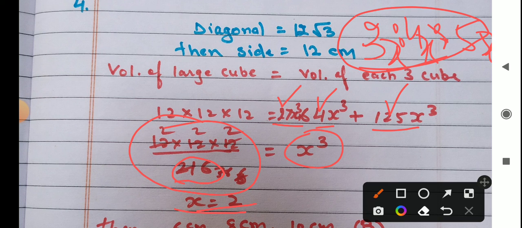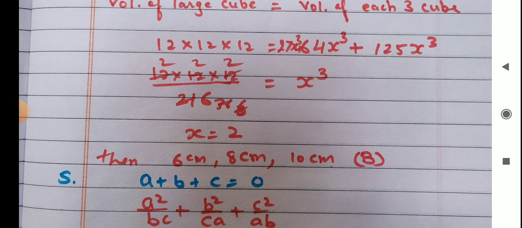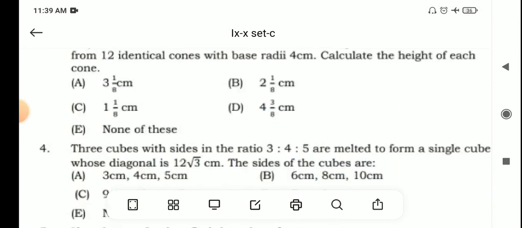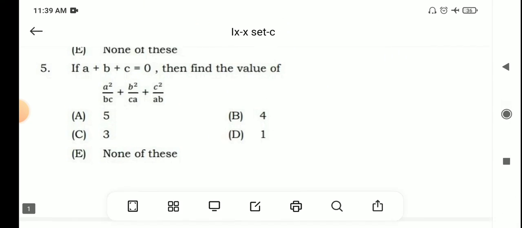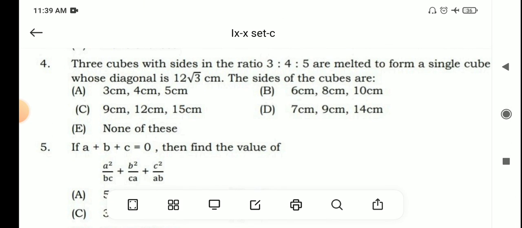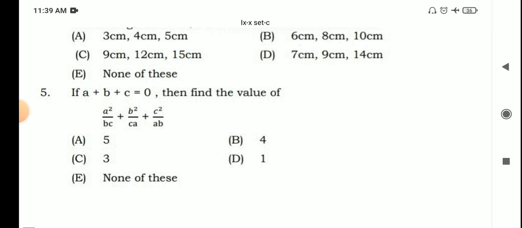So what answer should come here? 3 2s are 6, 4 2s are 8, 5 2s are 10. So our correct answer is 6 centimeter, 8 centimeter and 10 centimeter. So the question number 4 correct answer is option number B, 6 centimeter, 8 centimeter and 10 centimeter.